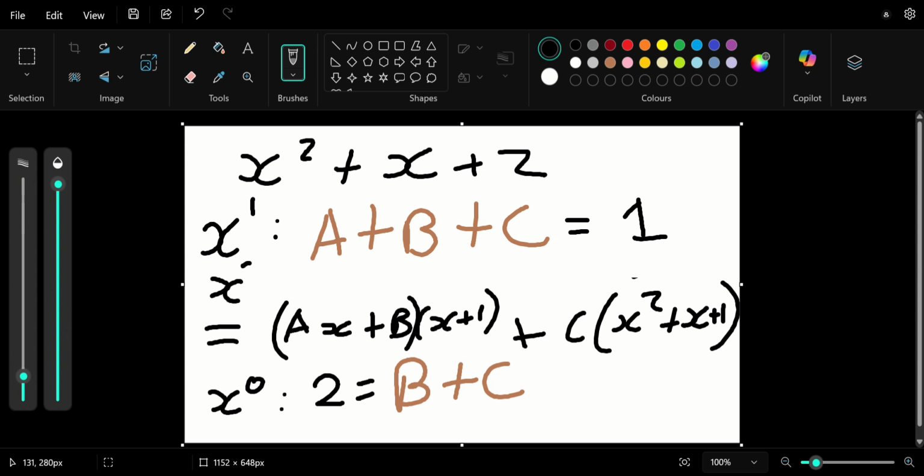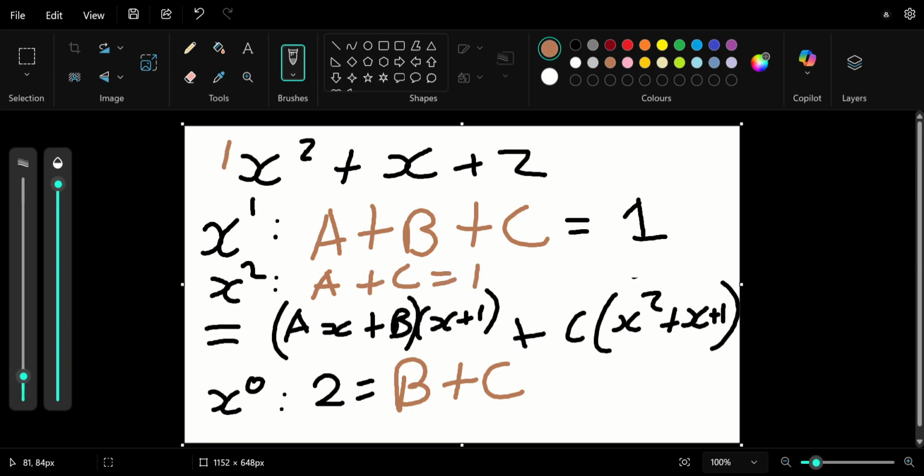And for our third degree, the x squared degree, we collect like terms once more. We have ax and x, that's ax squared, so that's an a. And the only other x squared I can see is c and x squared, cx squared.